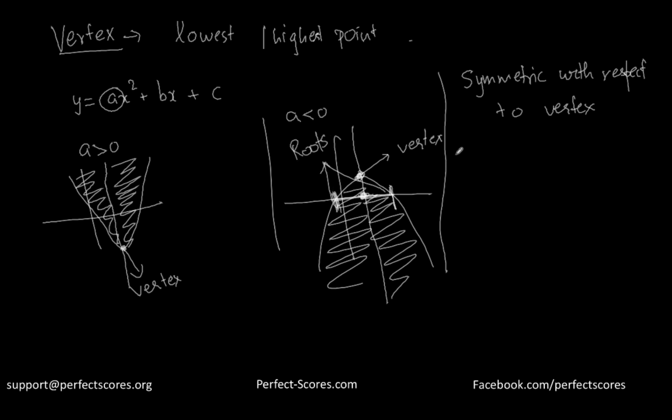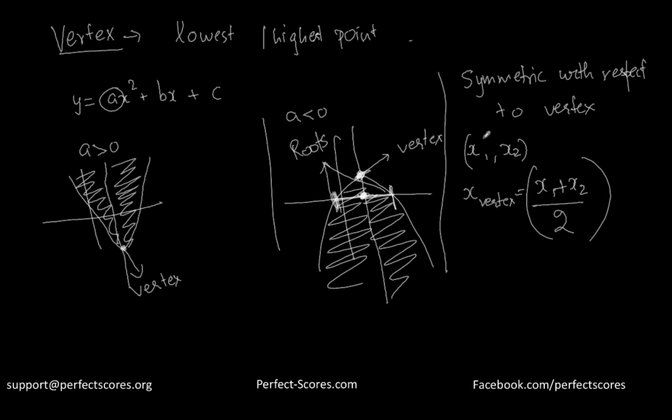So if you have the two roots of the equation as x1 and x2, the x coordinate of the vertex is actually going to be equal to simply the sum divided by 2, which means halfway between x1 and x2, that is x1 plus x2 divided by 2. So if you have both the roots, you can find the x coordinate of the vertex.